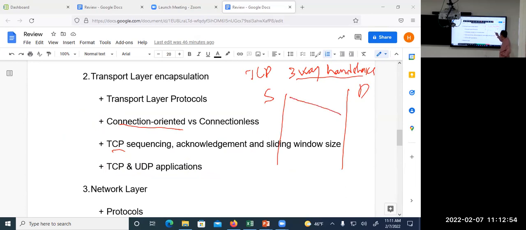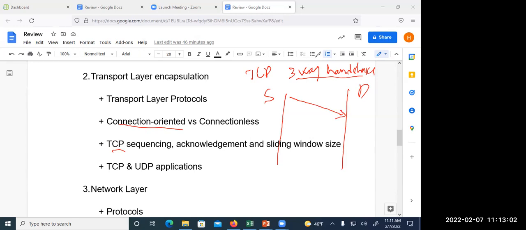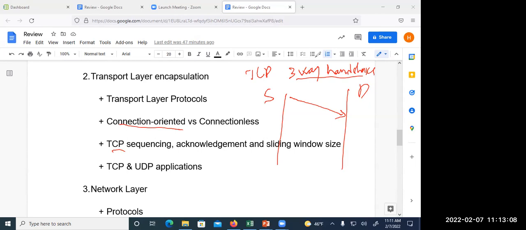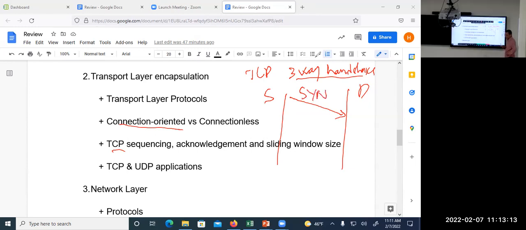The first one, what is it? Is the third one acknowledgement, or am I thinking of something different? No, it's not acknowledgement. It's a SYN. SYN means synchronize.